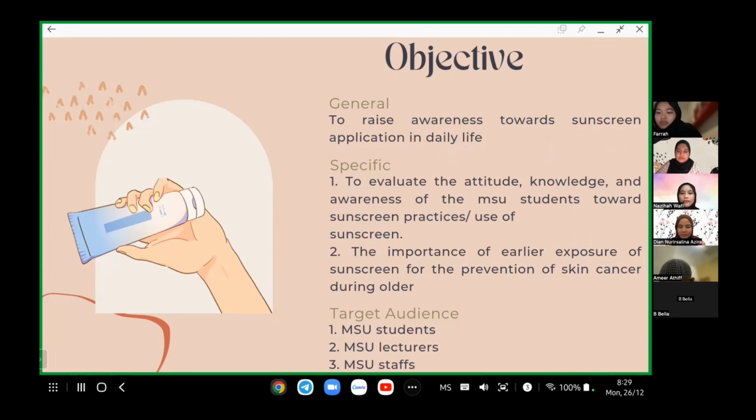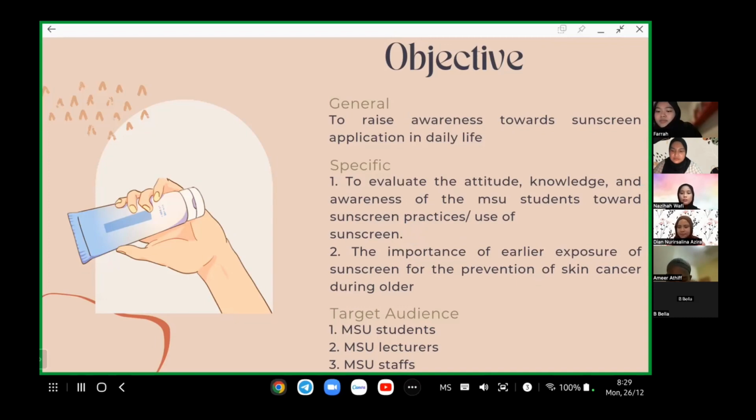And we have two specific objectives. First is to evaluate the attitude, knowledge and awareness of MSU students towards sunscreen practices or the usage of sunscreen. And the second specific objective is the importance of early exposure to sunscreen for the prevention of skin cancer in their older years.